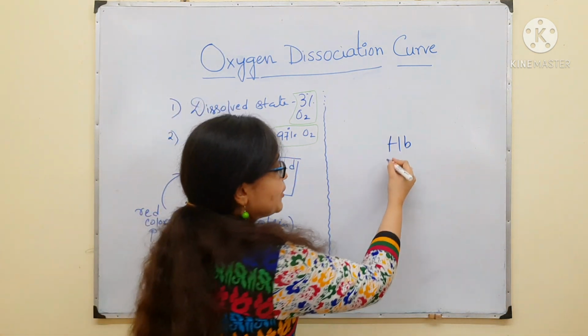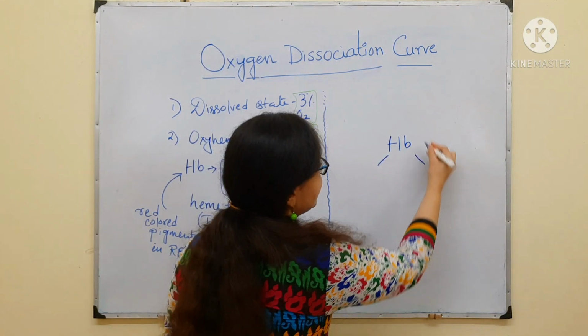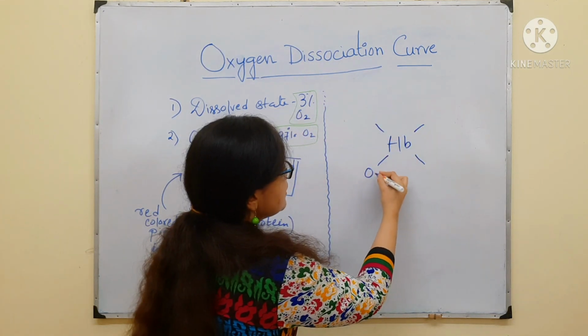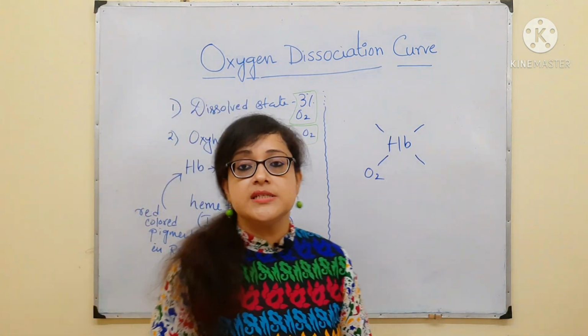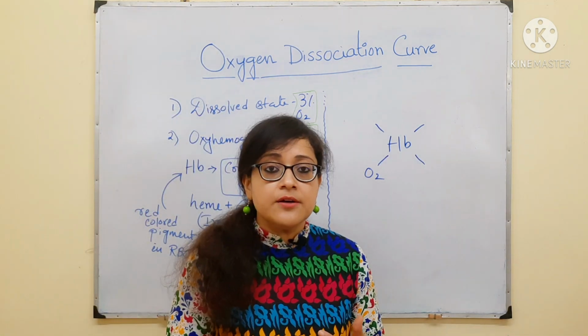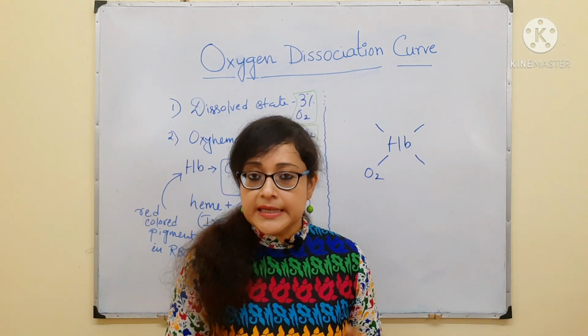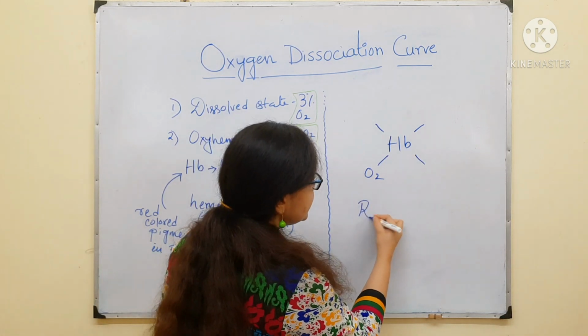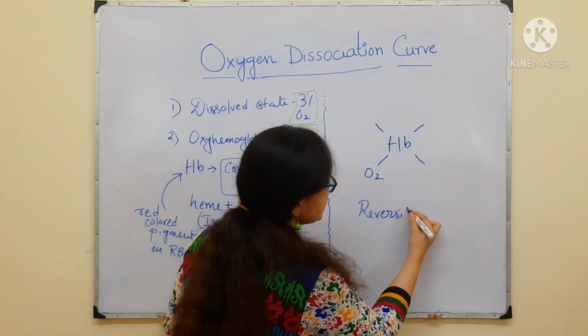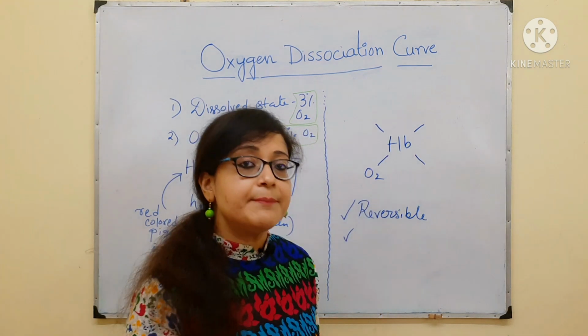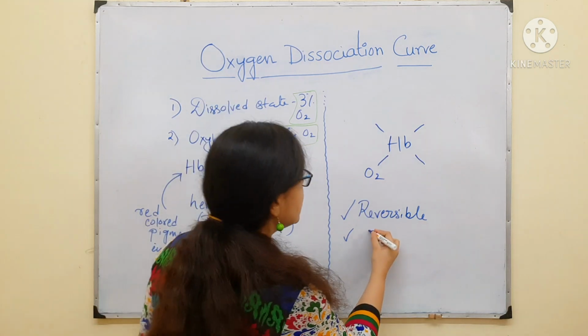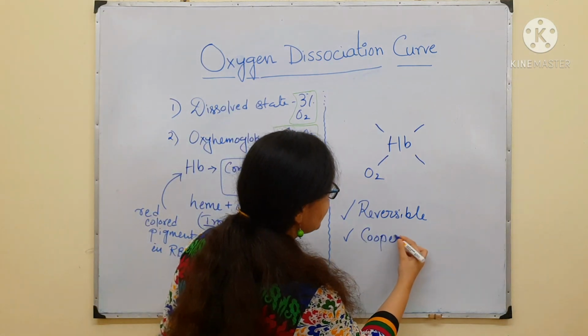One important point is that this binding of hemoglobin with oxygen is reversible, and secondly, this type of binding is referred to as cooperative binding.